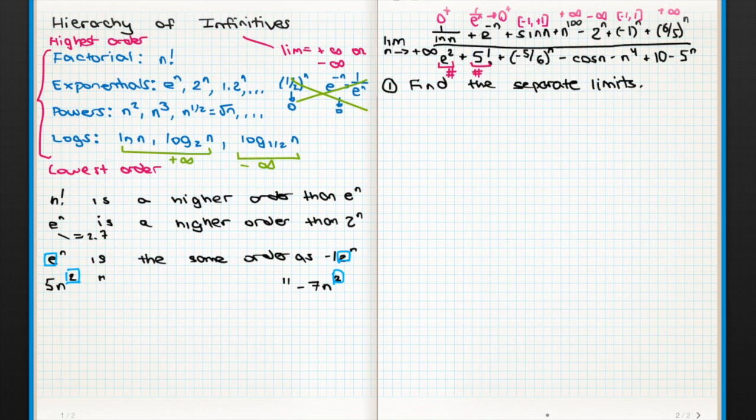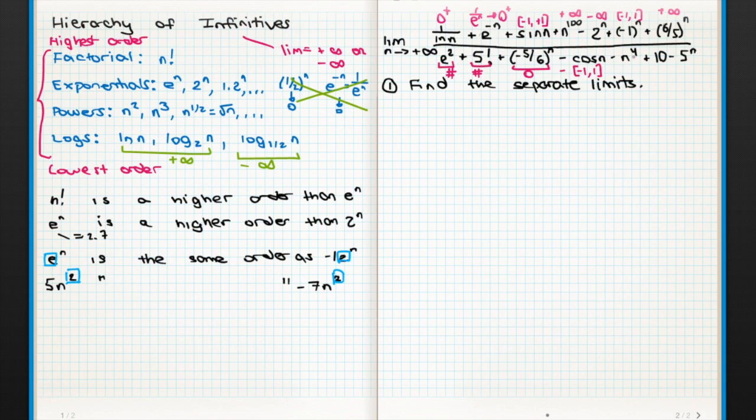Minus 5/6 to the n is an exponential, but the base is between minus 1 and plus 1. So this one is going to be tending to 0. Cosine is just like sine. We have a minus, and then cosine will be between minus 1 and plus 1.